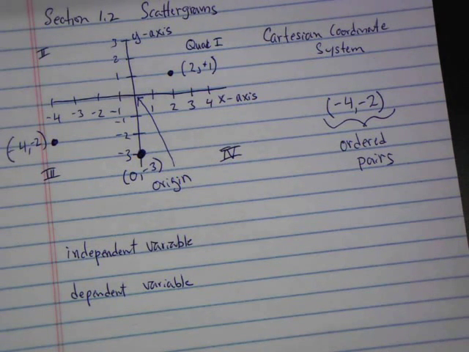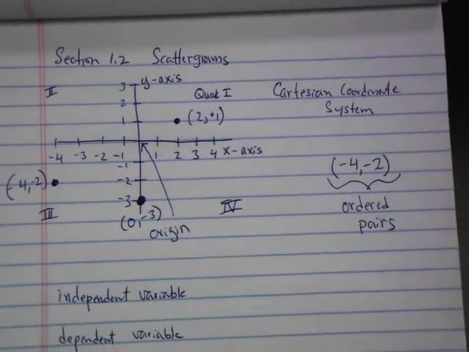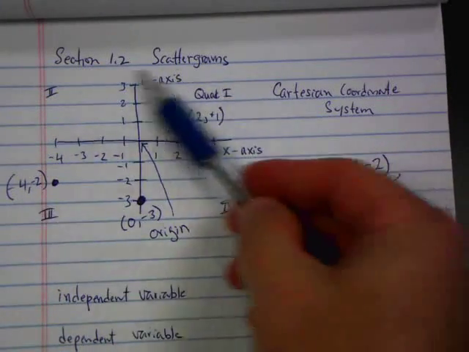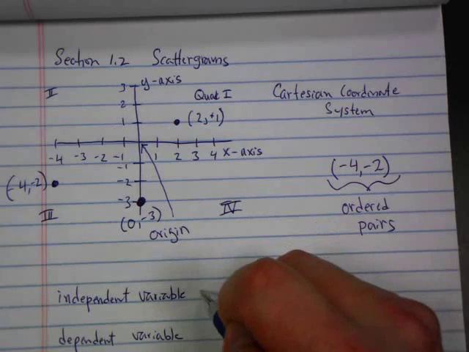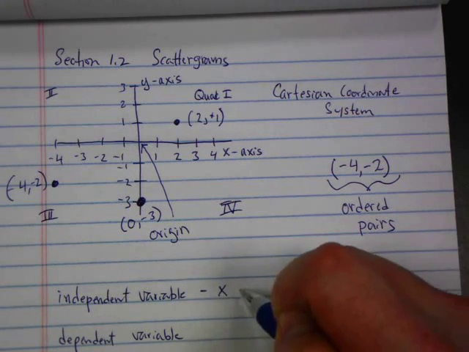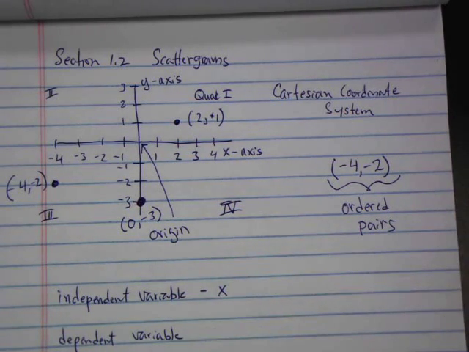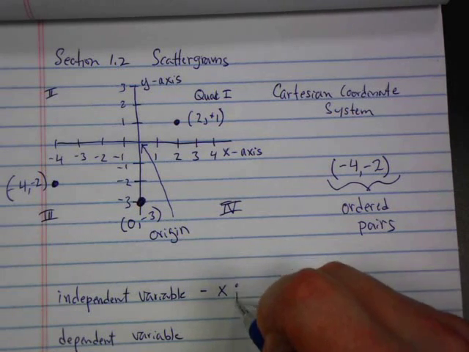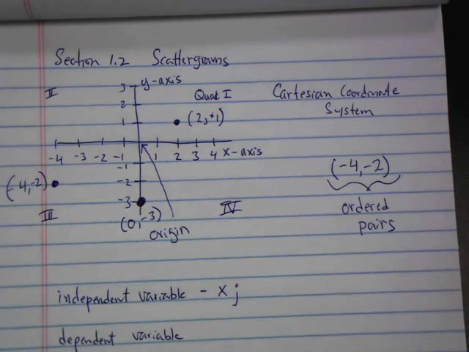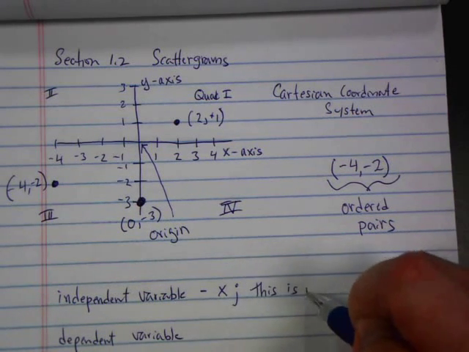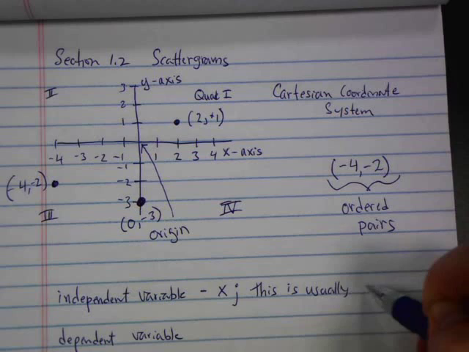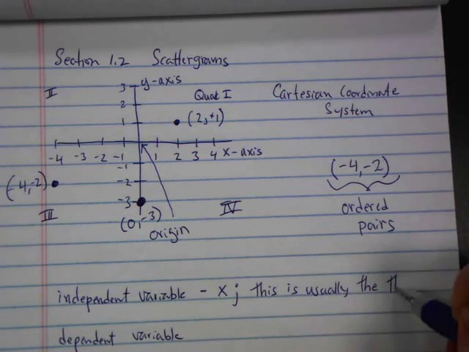Okay. If I have data, say in a graph perhaps, which variable is the independent variable? You had a 50-50 chance. The independent variable is x, usually. Again, quite often we won't use the letter x. But the way to think of it when you're given a word problem, and we're going to see some word problems here in just a minute, is this is usually the thing you know.